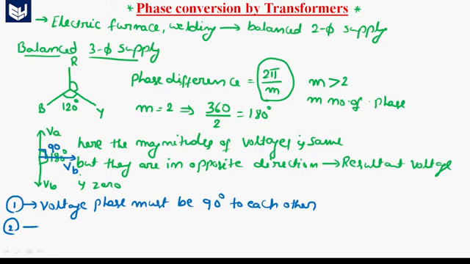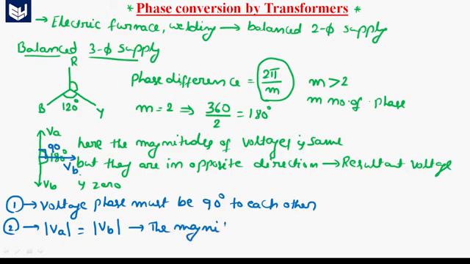And second requirement is the magnitude of voltages. See, VA is one voltage and VB is another voltage. The magnitudes of voltages must be same.